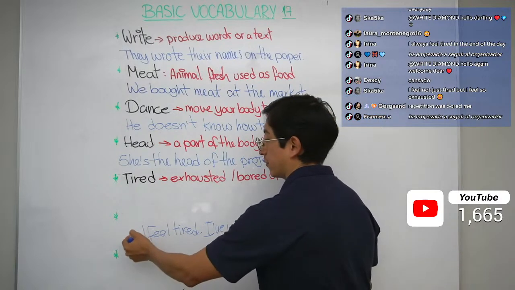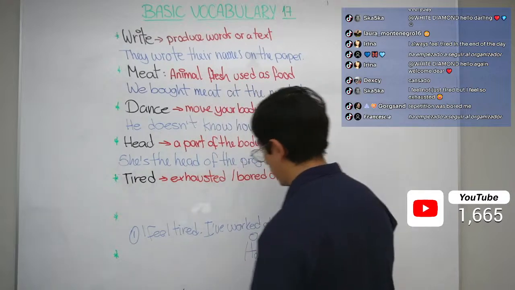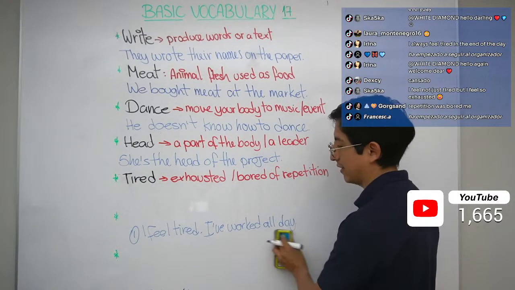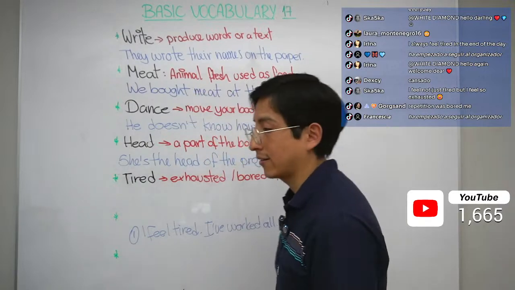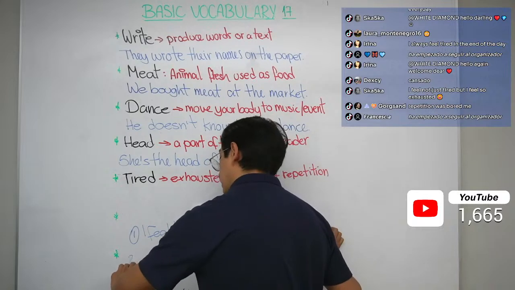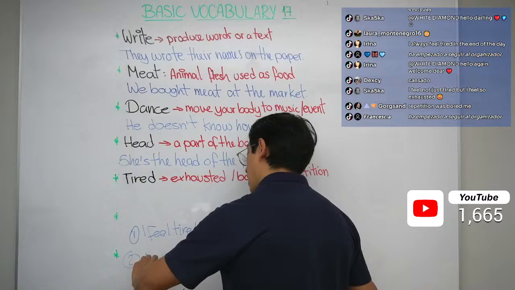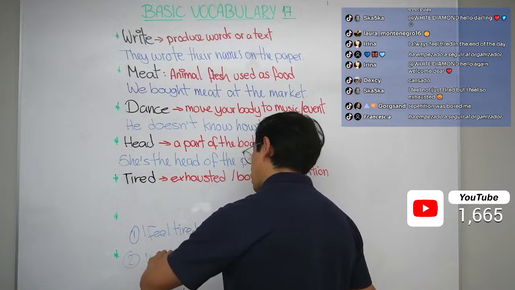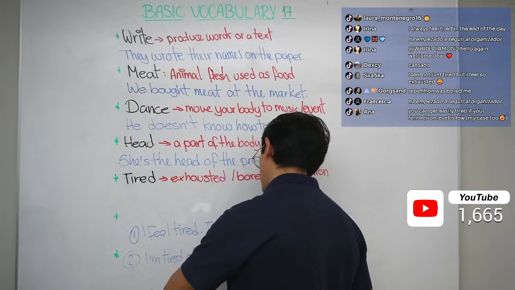Yes, this is the first meaning. I'm tired because I was walking all day, right? I feel tired. I'm tired of doing that. For example, we can use this now for the second meaning. For example, I'm tired of this problem.